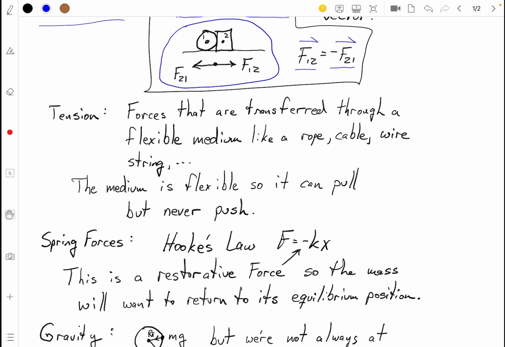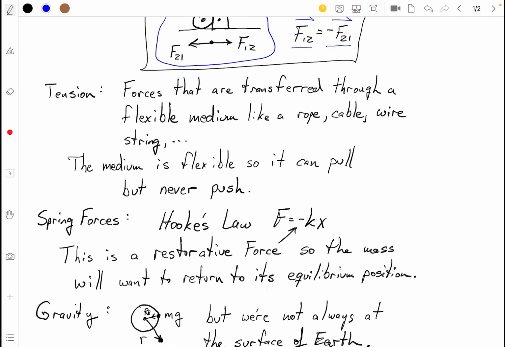Okay. So let's talk about tension. Tension is pretty simple. But we talked about tension today in class dealing with restoring forces. Tension requires that forces are transferred through a flexible medium, like a rope or cable or whatever. And since it's flexible, you can only pull and you can't push on it. That's fine. But it also provides restoring forces.